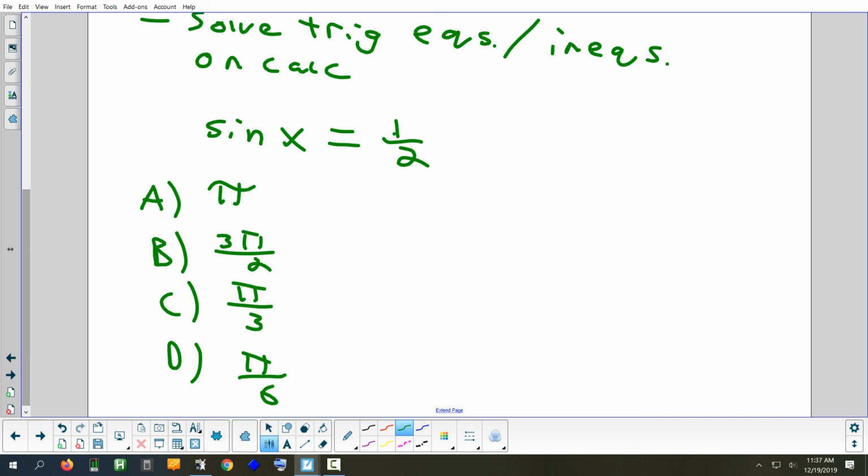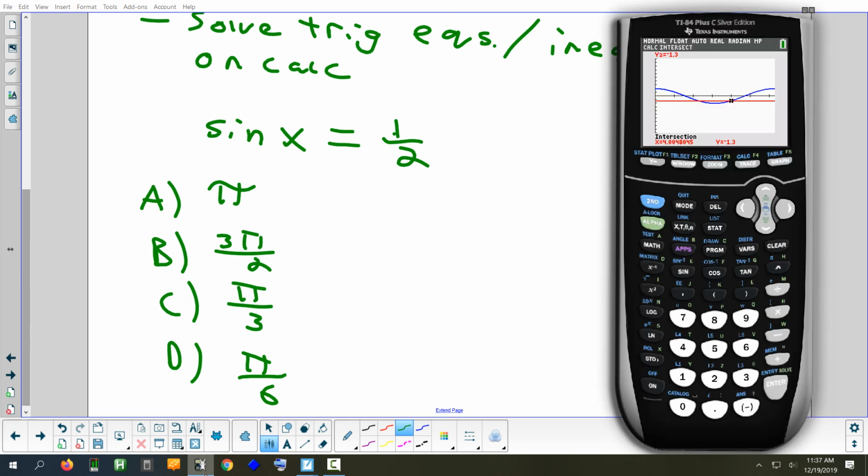When you do this on the calculator, what kind of answer is the calculator going to give you? A decimal. It's going to give you a decimal, right? So I'm not going to graph it. I'm just going to save time and do this the quick way. I'm going to take the inverse sine of 0.5. But if you graph in y1 and y2, you get the decimal 0.523598, all that stuff.